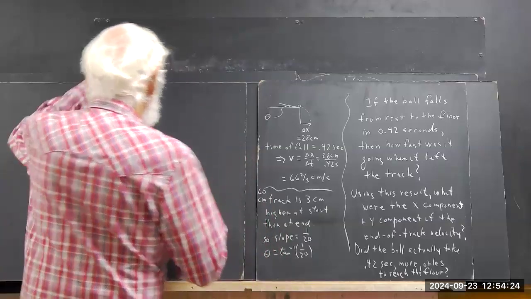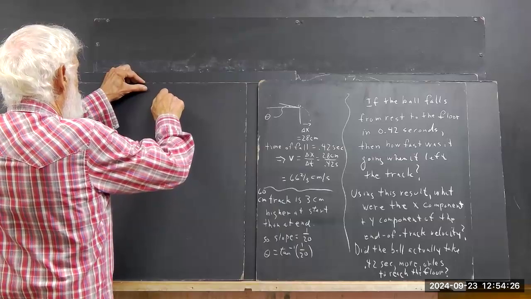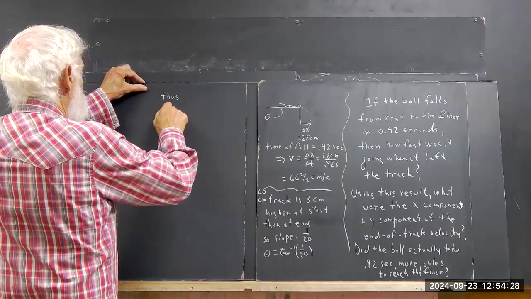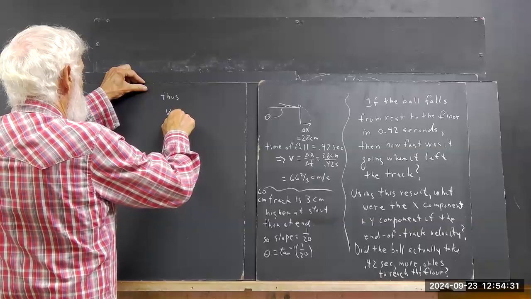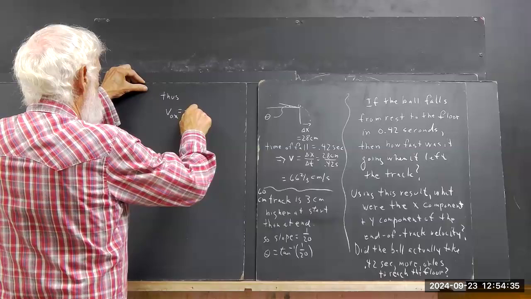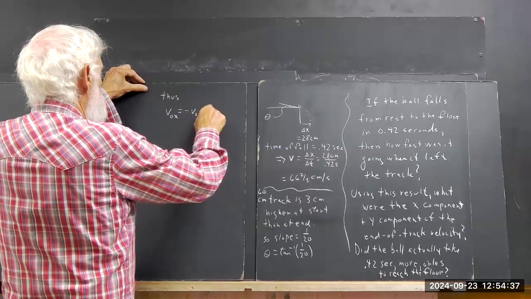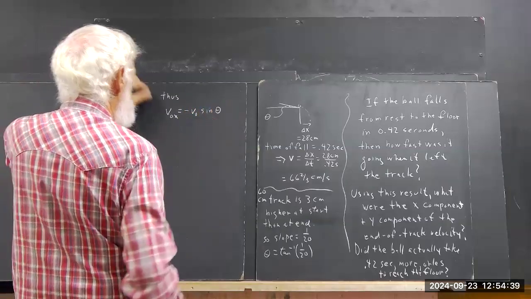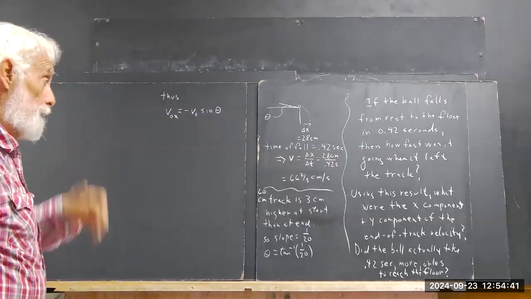What you need is V naught x is negative V naught sine theta.